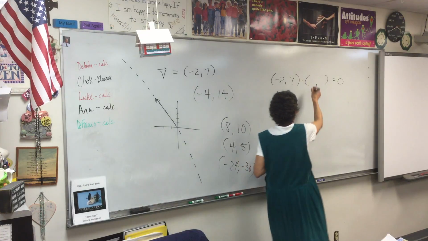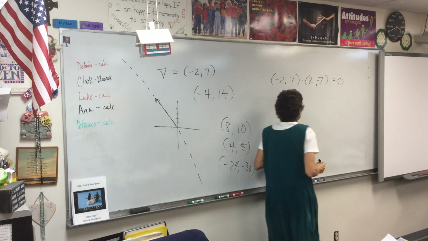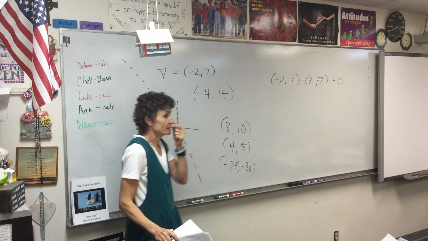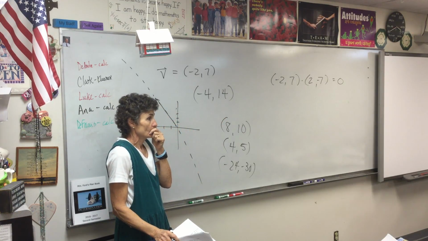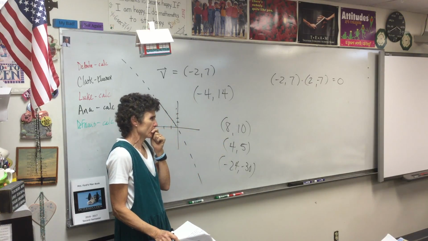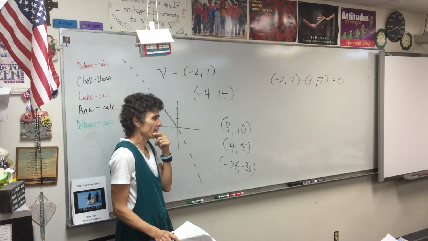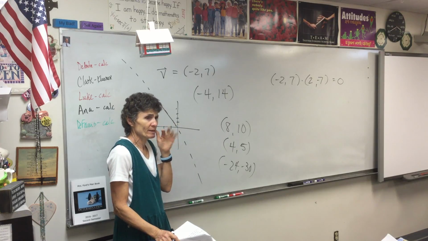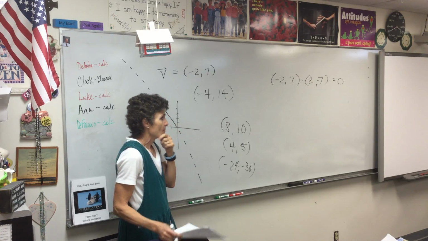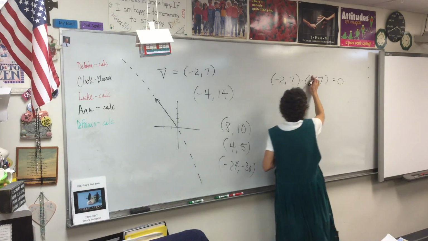2, negative 7. Let's look at that. Does that dot product give us 0? Negative 4 minus 49. X times X, Y times Y, add them up. We're on the right track though. We got to do a little bit of switching here. 7, negative 2.